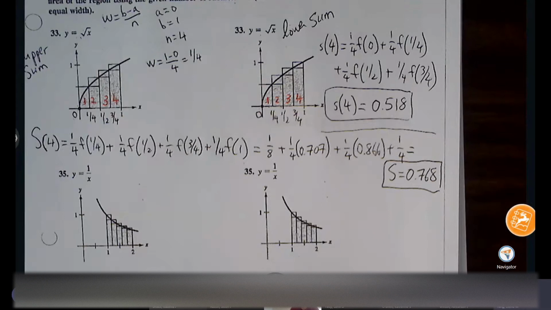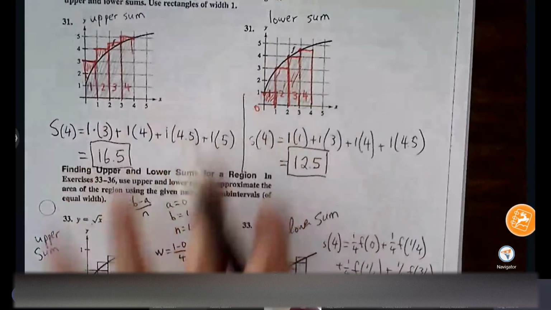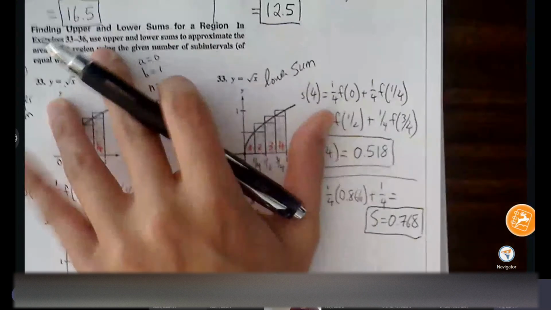All right, any questions? So these are coming from the homework problems that I assigned for today. So if you followed along, then you've already completed some of your homework here.